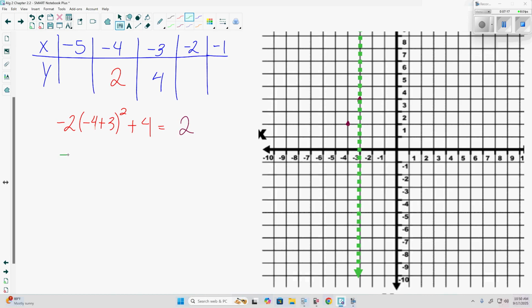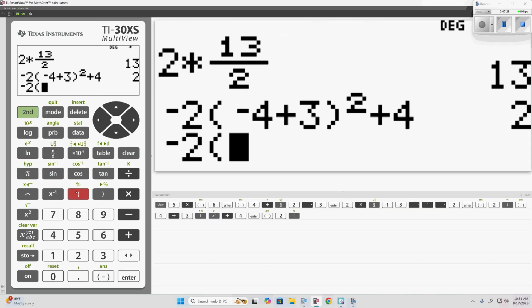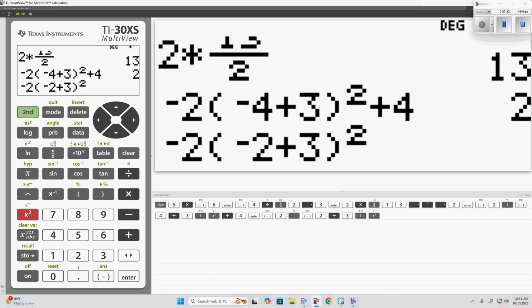I'm going to do the same thing, but this time I'm going to plug -2 in for x. Again, we can say -2 times (-2 plus 3) squared plus 4. And we get 2. Because again, the points are mirrored across the axis of symmetry.